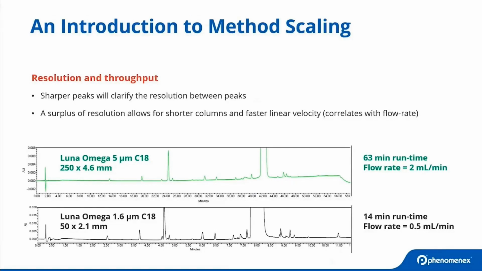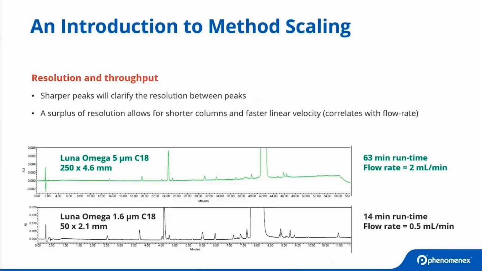And so here are two chromatograms, which we will explore later, that exhibit the same resolution within a sample, but as you can see, the top chromatogram was achieved within a 63-minute runtime using a 250 by 4.6 column with 5 micron particles, as compared with the bottom chromatogram achieved in a much shorter 14-minute runtime using only a 50 by 2.1 packed with 1.6 micron particles.